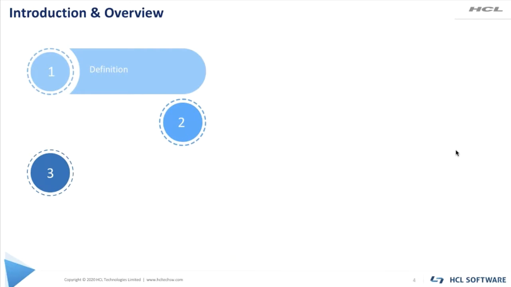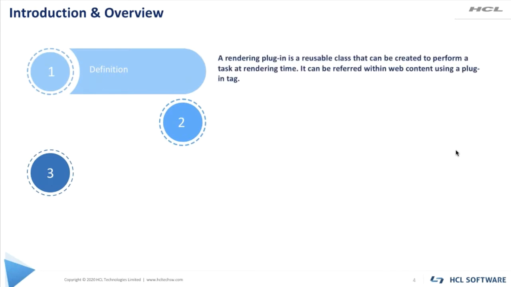In the introduction, let's discuss what a rendering plugin is. A rendering plugin is a reusable class that you can create to perform a task at rendering time. What does it mean?